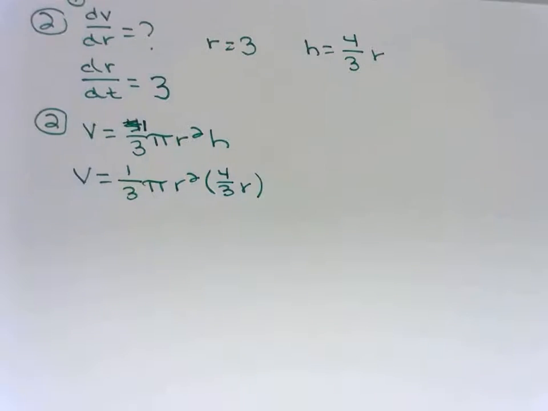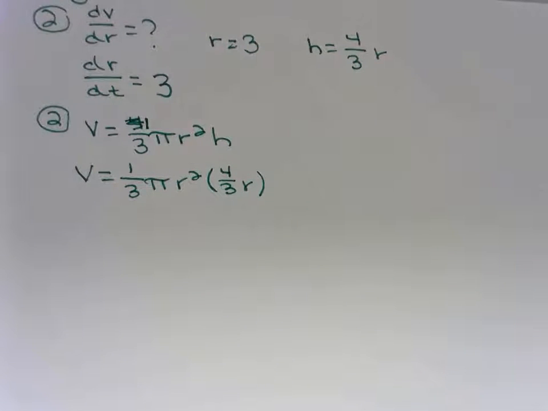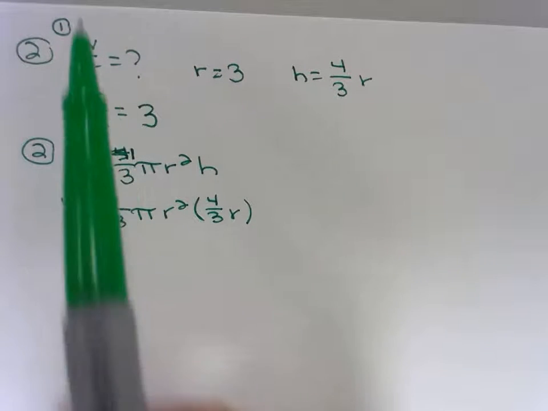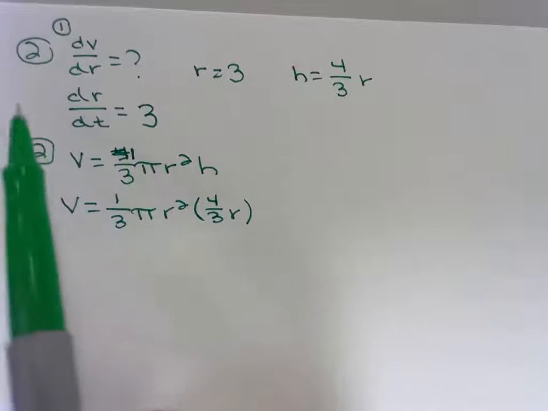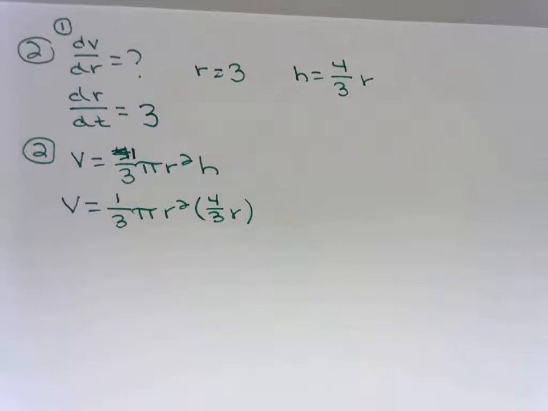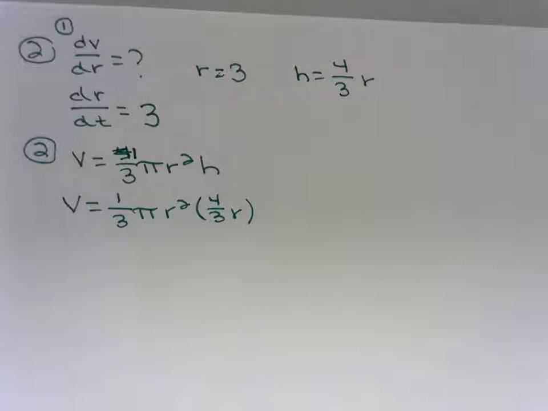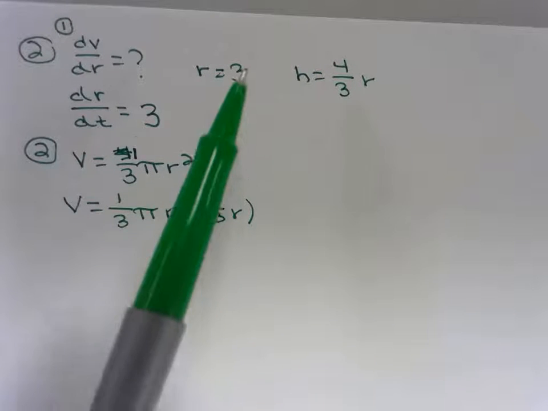I need to get a formula that just relates my given and unknown. I want to know the change of the volume, and I'm given the change in the radius. So I need a formula that only relates volume and radius. I cannot keep h in there because do they tell me anything about h?